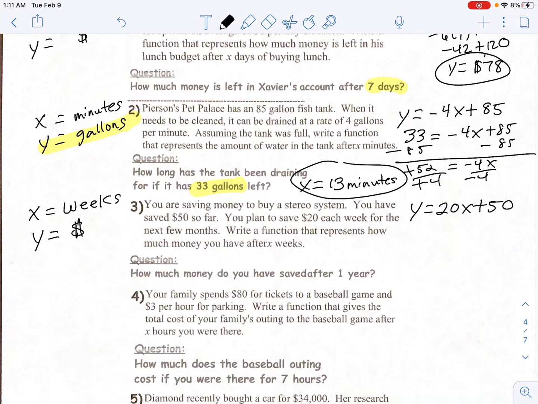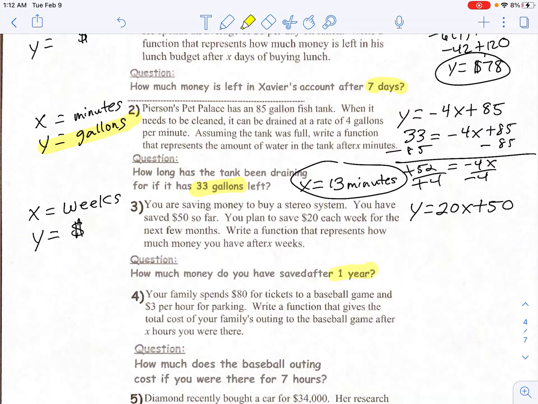Now what we have to do is solve for the question, because once you've got the labels and the equation, you can solve for any question that it asks for. It says, how much money do you have saved after 1 year? Now, this problem presents a little bit of an issue in that you might have to look something up.